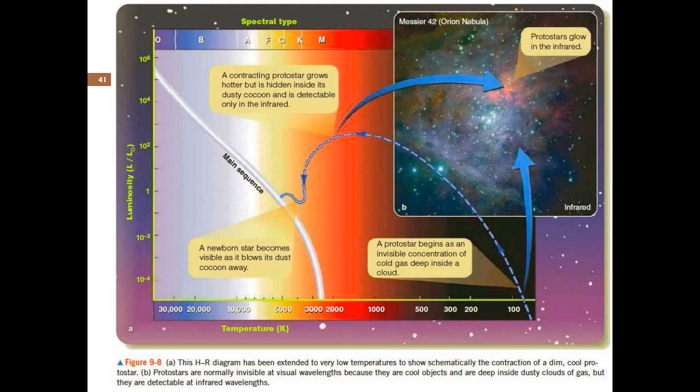But they are detectable at infrared wavelengths. So here we will see a protostar being formed, and as it's being formed, it will gain higher temperatures and its luminosity will rise. And then at a point, once it starts nuclear fusion, it will blow away its cocoon and outer layers, and it will start its life on the main sequence.